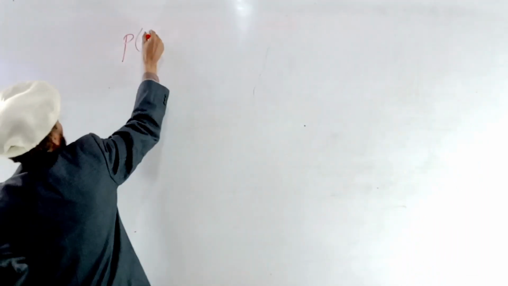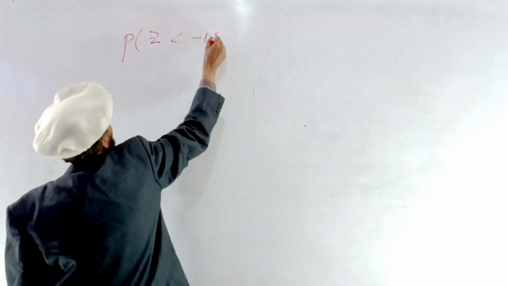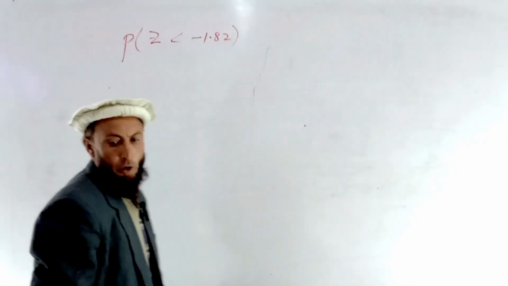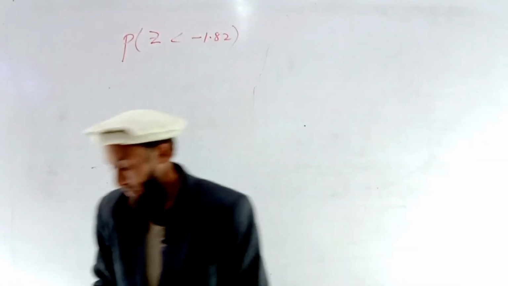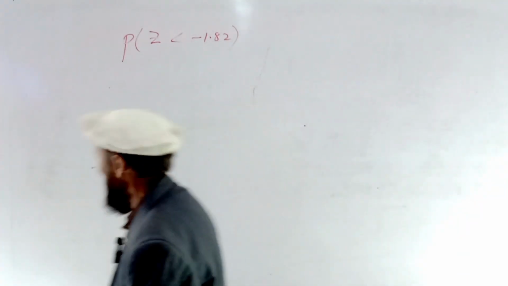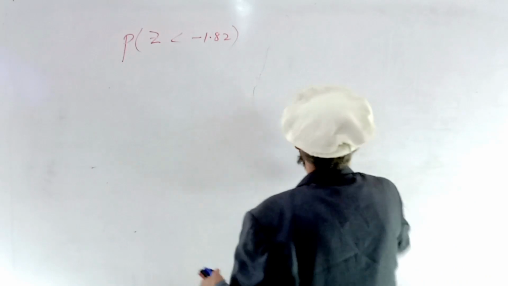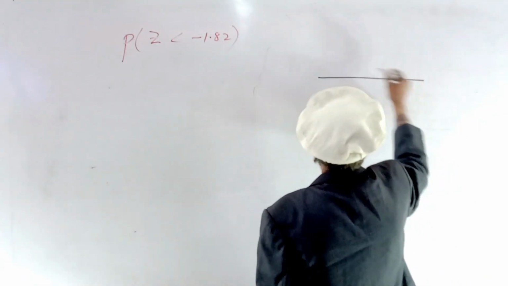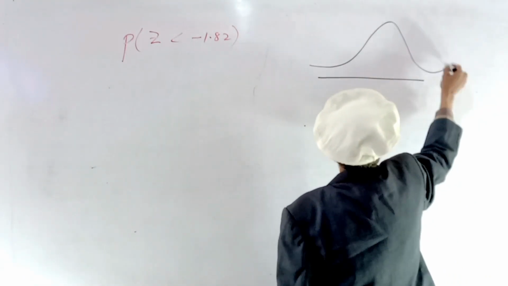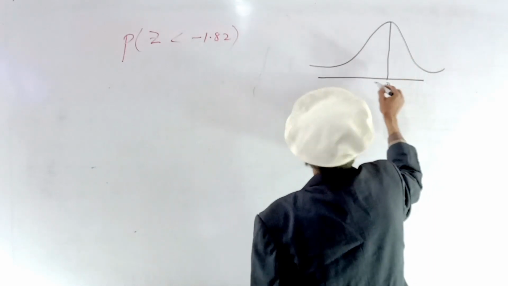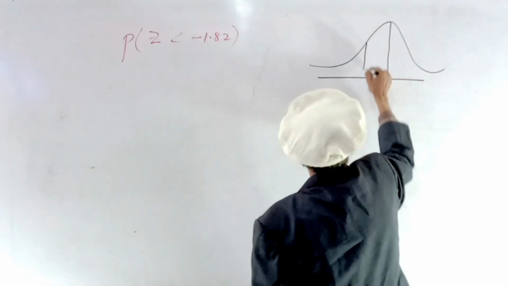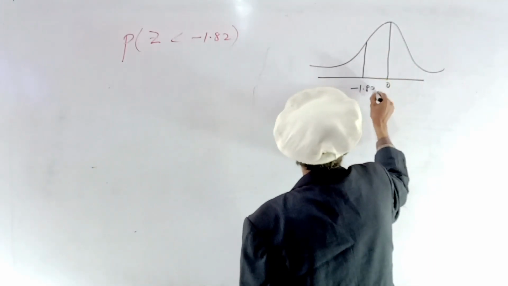Probability of z less than minus 1.82. How do we calculate this area? The same way, the area less than is required. So here we draw the curve. This is 0 and here is the negative value, minus 1.82.